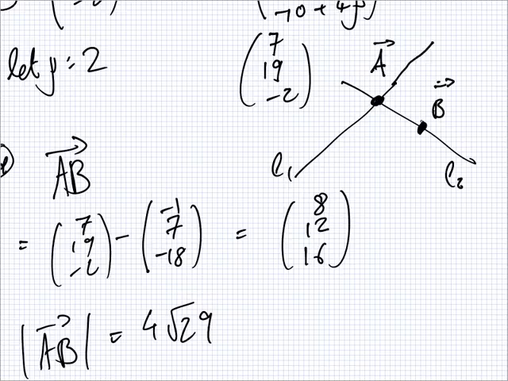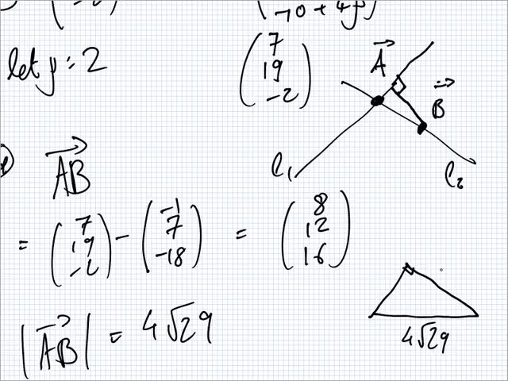So they want this distance here. You have to find where they meet first. No, not actually in this question, because if you look at it, what type of triangle is this? It's a right angle triangle, isn't it? Now, you know the distance AB, which is 4 root 29. That's the hypotenuse, isn't it?